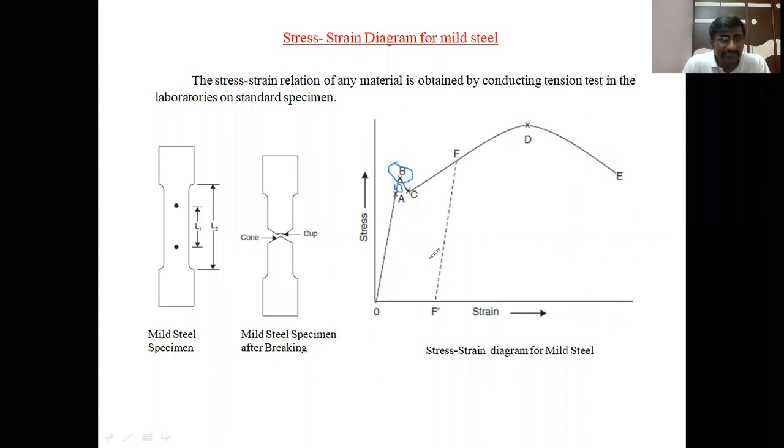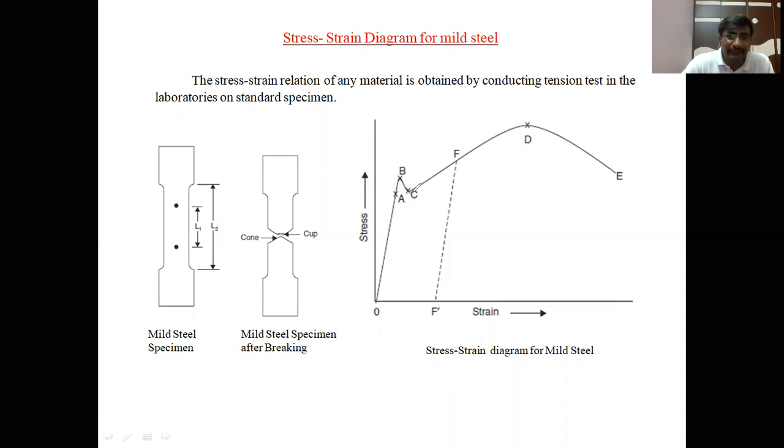This nature of material ends at point C. During this process, the stress decreases from B to C. This point C is called the lower yield point, at which the stress remains constant but strain increases due to the material flow.